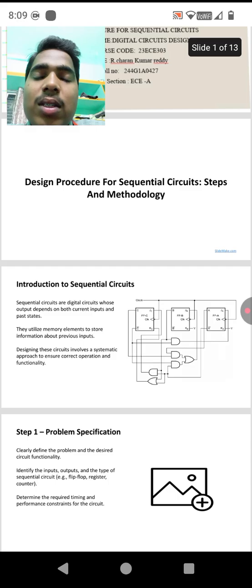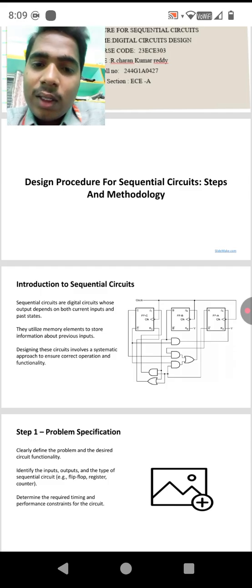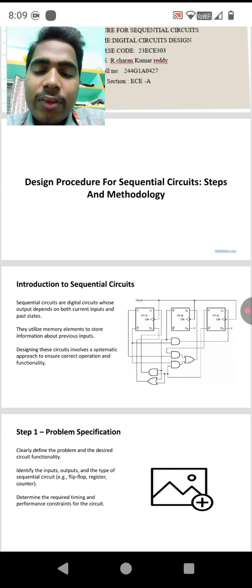Today my topic is Design Procedure for Sequential Circuits, Steps and Methodology. First of all, introduction to sequential circuits. Sequential circuits are digital circuits whose output depends on both current inputs and past states.